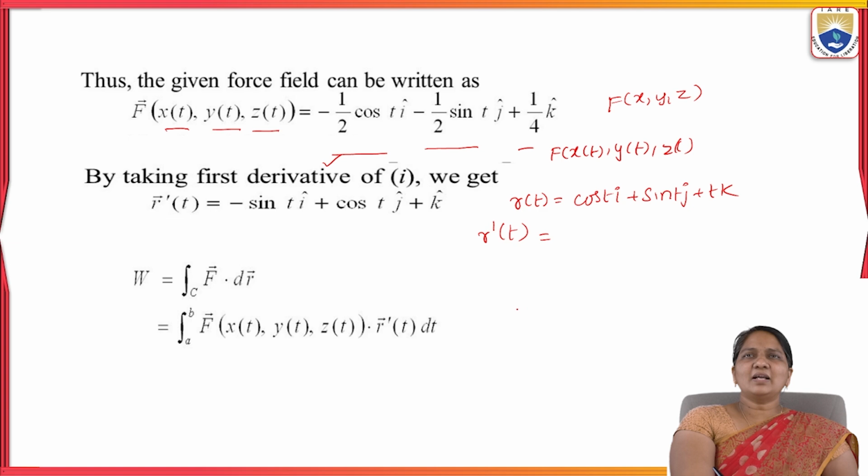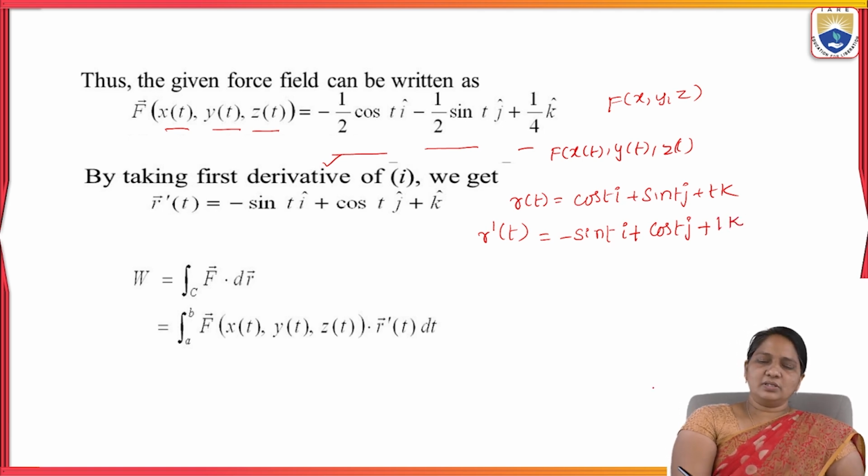The derivative of cos t is minus sin t, so minus sin t into i, plus the derivative of sin t, which is cos t, into j, plus the derivative of t, which is 1, into k. So this value is the first derivative, r dash of t.